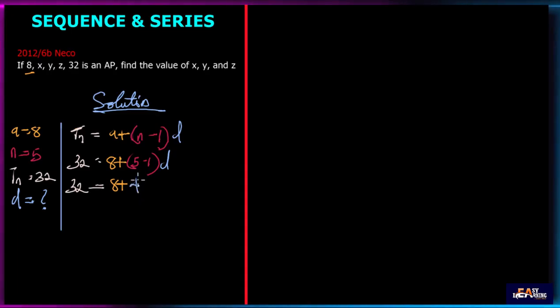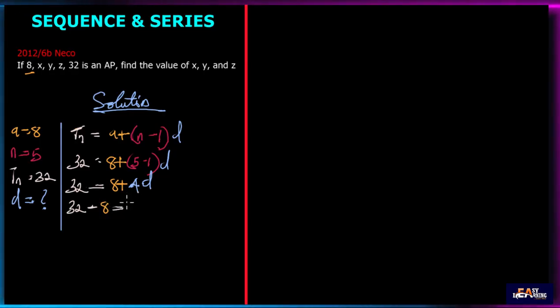Now we can collect like terms. The 8 moves over to the 32 and becomes 32 minus 8, equals 4D.